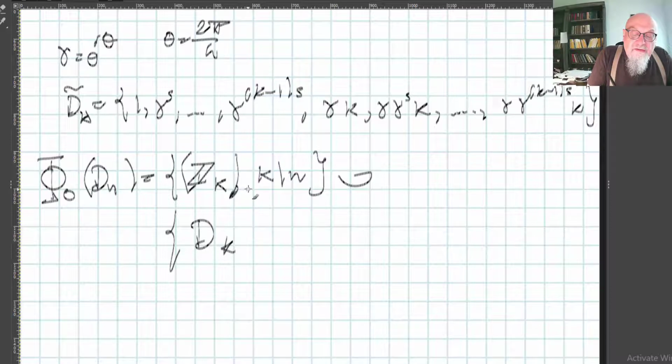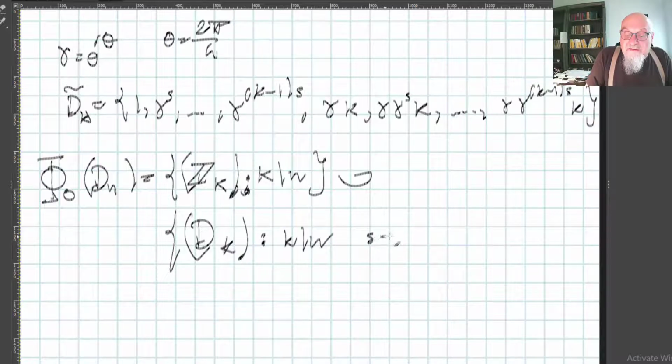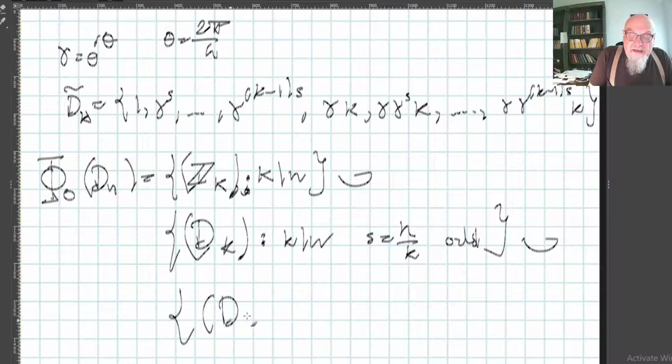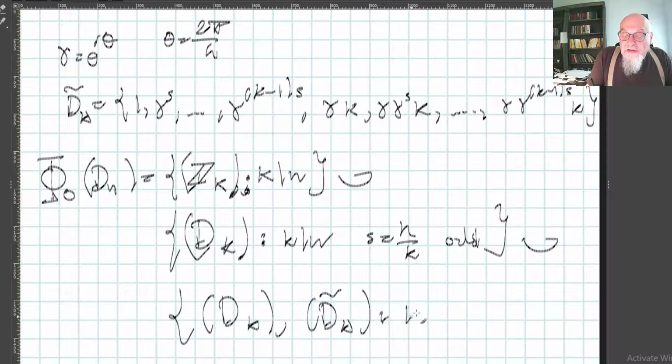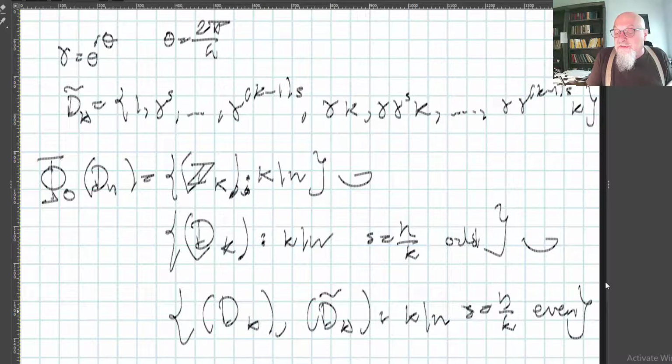Those are conjugacy classes, where k divides n and s equals n divided by k is odd, and then union, and the last one will be Dk and Dk tilde, if k divides n and s equals n over k is even. So those are the subgroups.